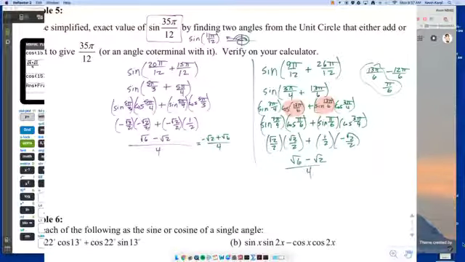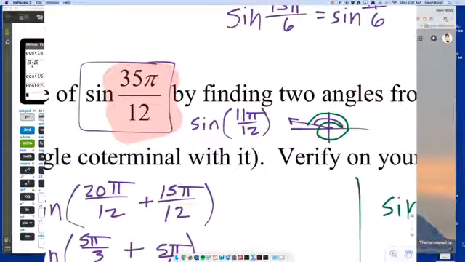Yes? Could you just simplify to within 1 rotation, like from the very beginning? Yes, very good. That's actually what we kind of did up here. If your angle to begin with falls outside 1 rotation, you can cut that down to size and call it 11 pi 12ths to begin with.